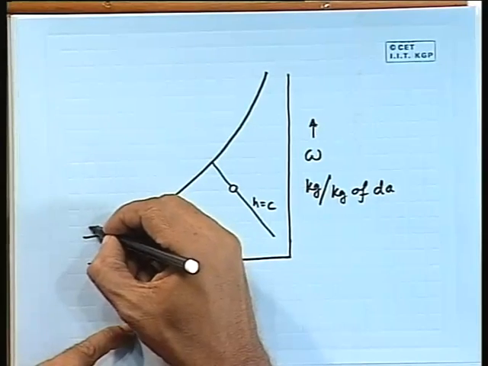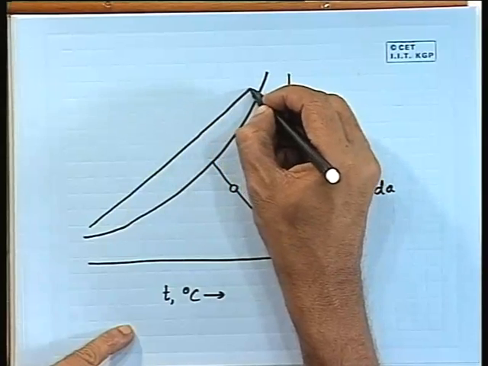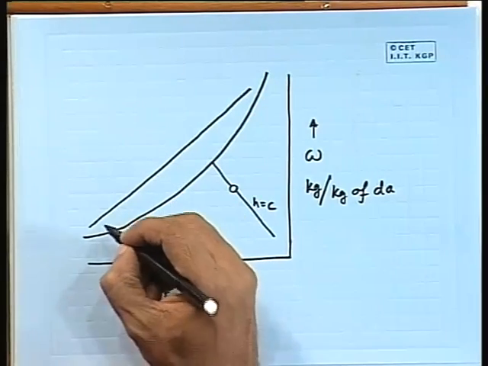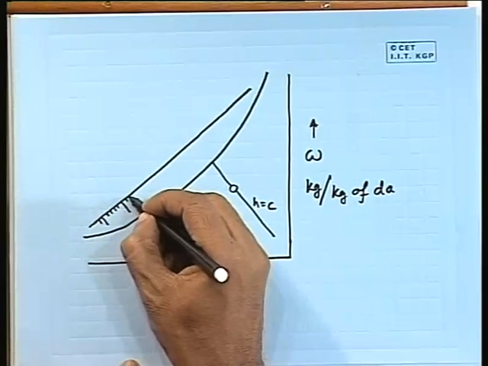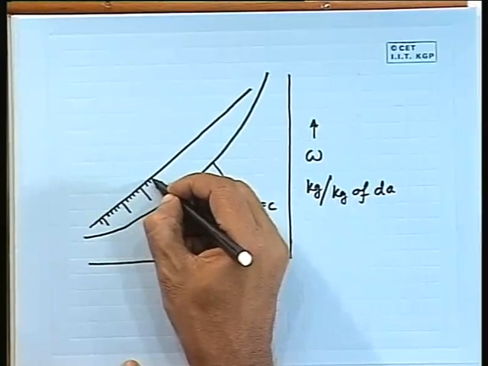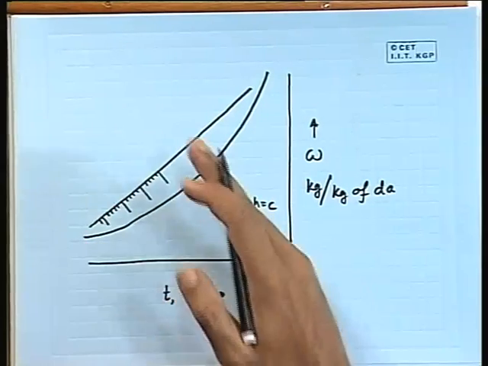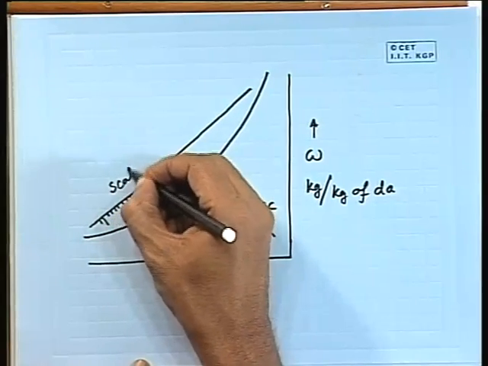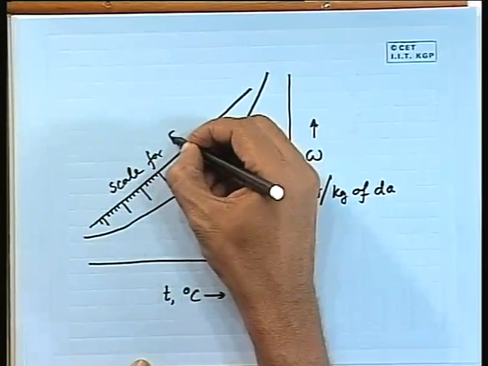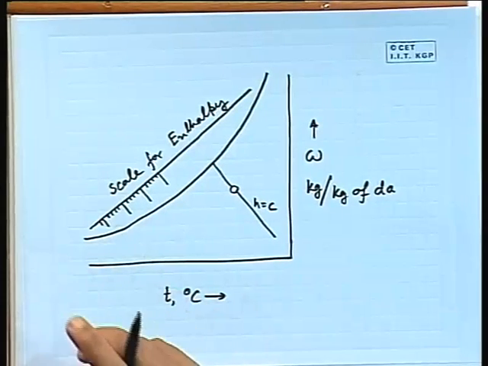Basically, in most psychrometric charts one scale is provided over here where the values of enthalpy are written. So, from the sample point we can take a line up to that scale and find out the enthalpy. So, we can write scale for enthalpy.